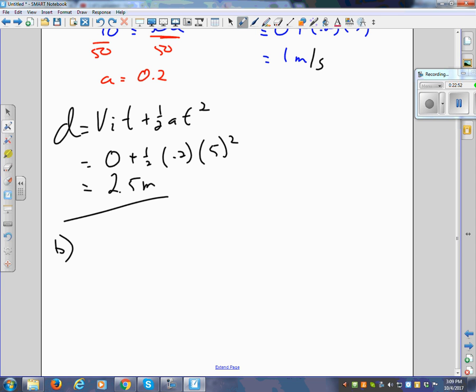Now, it's 2.5 meters. Let's read part B carefully here. I'm going to pause and let you read part B carefully, and I want you to think about what that means. The same force was applied. Read part B and try to figure out what it means.